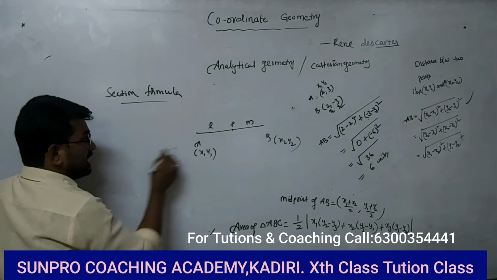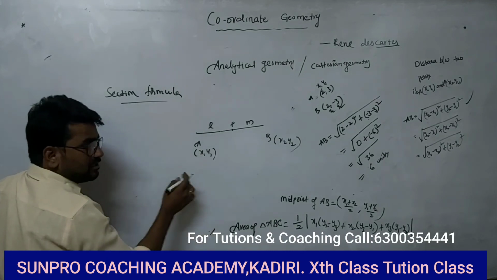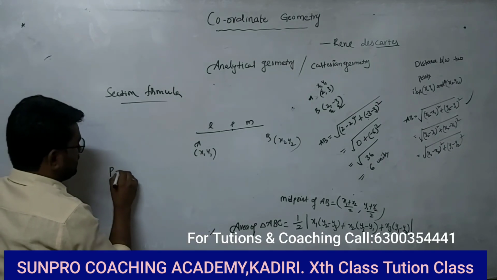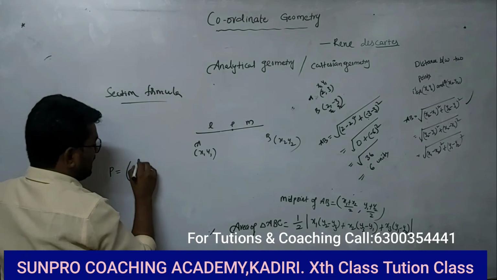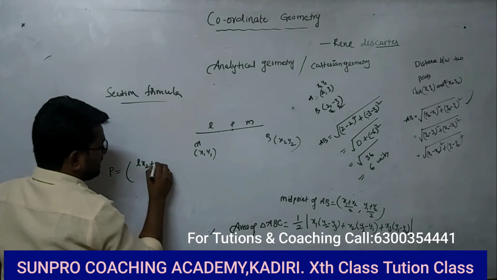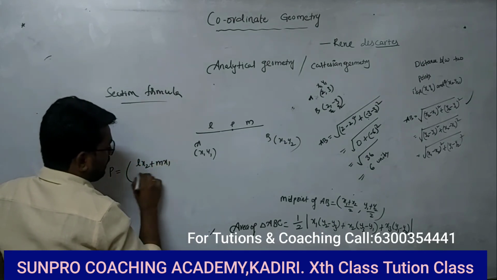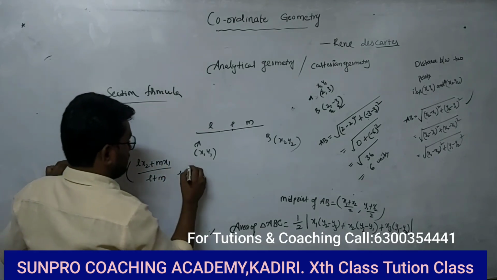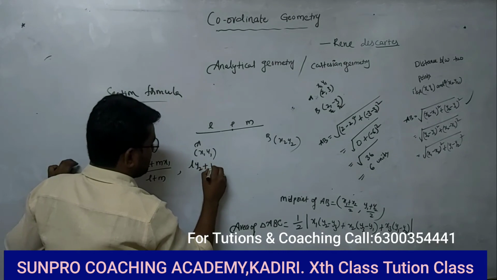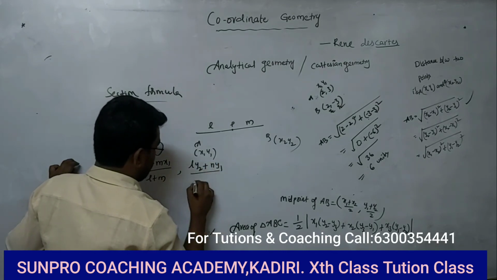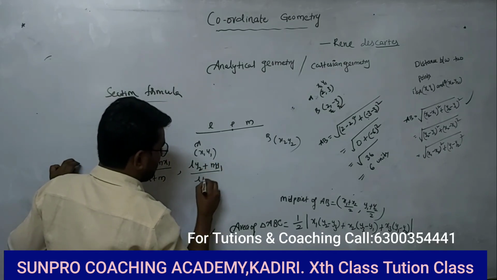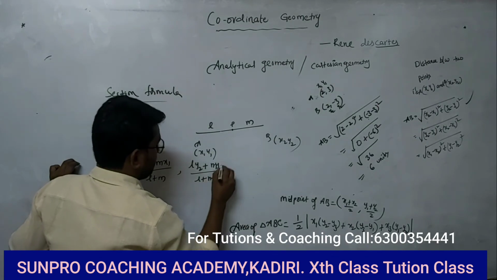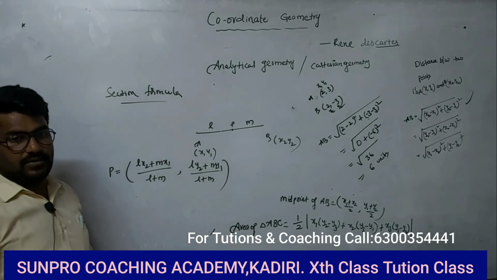See, this is dividing internally. Section formula: P is equal to Lx2 plus Mx1 by L plus M comma Ly2 plus My1 by L plus M. This is the internal section formula.